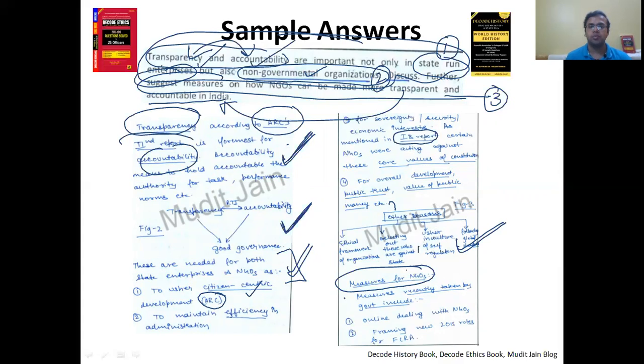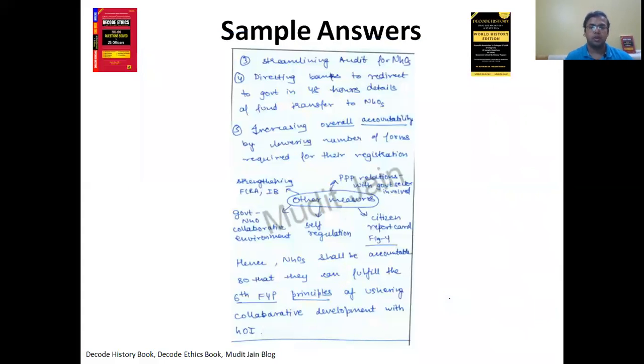Now I clearly remember, I think it is a question of 2015, and a similar question was also asked in mains that year. A very static and factual question was asked: what are the recent measures taken for ensuring that NGOs remain transparent in India. These were perhaps only at draft stage at that time, and this question was asked by UPSC.